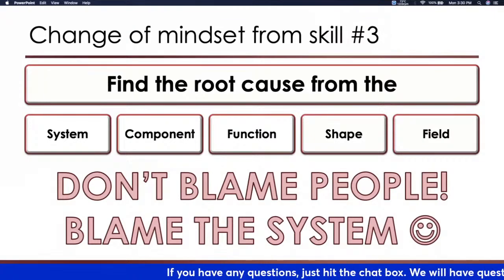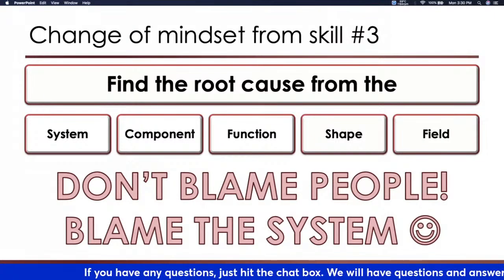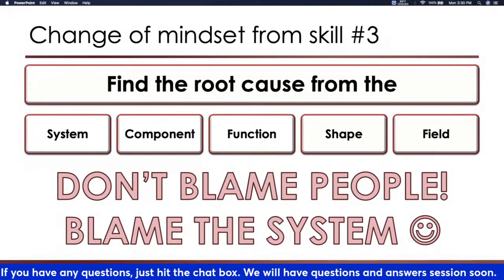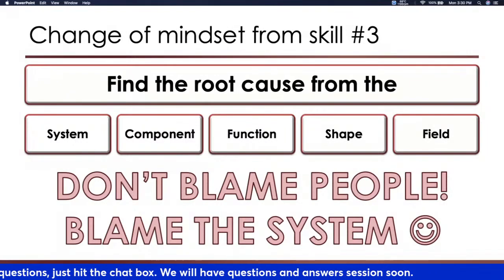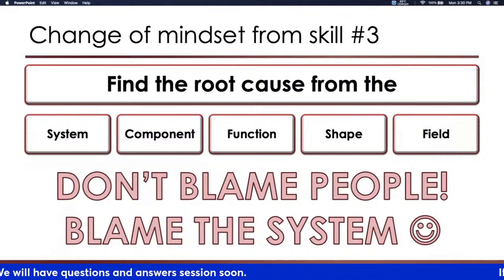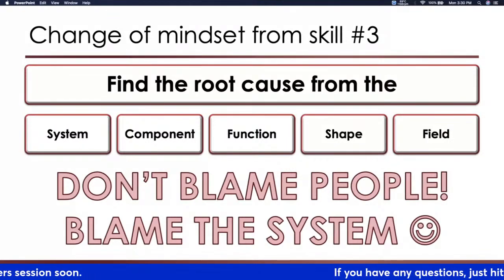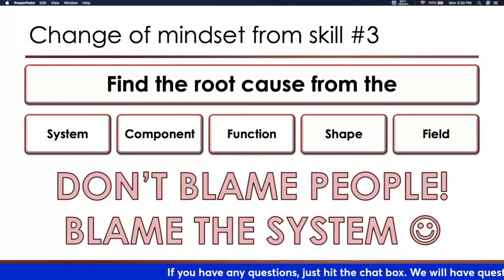So in skill set number 3, when we focus on finding the real root cause, we need to go into the system-based component, function, shape and feel. This is more engineering, more technical, for you to find the real root cause.